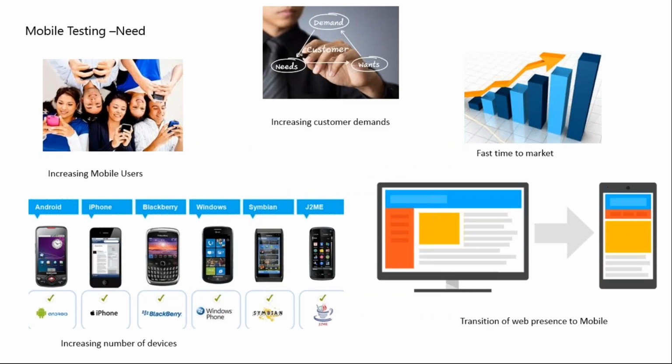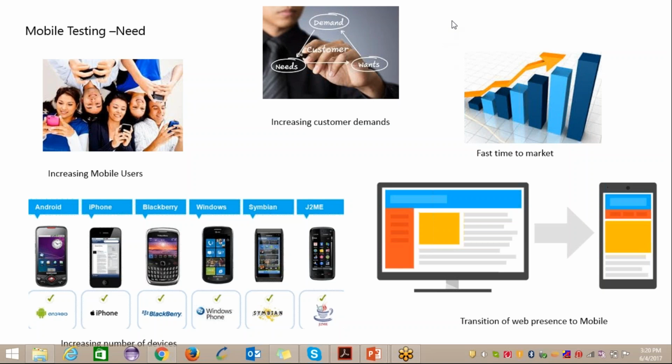All right. So as I already mentioned, this slide actually talks about the need for mobile testing. Okay, why do we need mobile testing? The first picture represents the increasing mobile users. We cannot really live without it, right? Increasing customer demands.